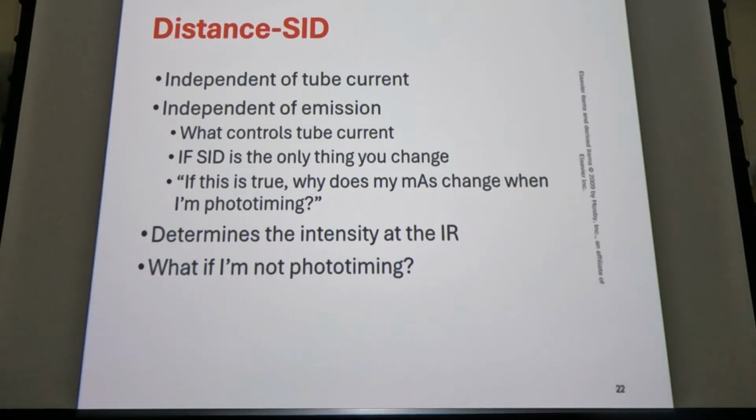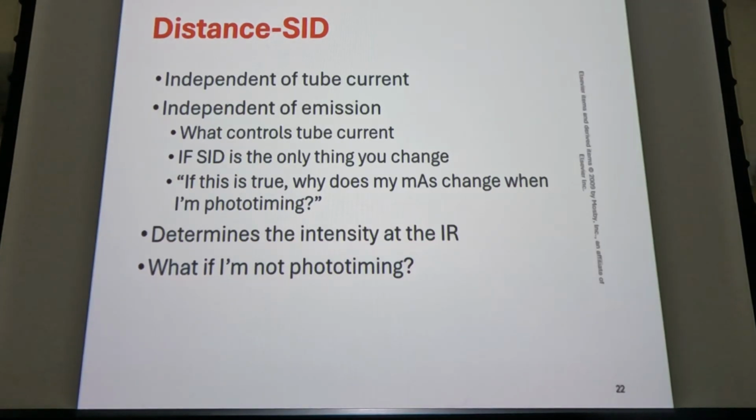Quite possibly. And what's the context of that? If SID changes and that's the only thing that changes, then tube current's going to be unaffected. You change your SID on a portable exam, use the same technique, and nothing different happens in the x-ray tube, okay? Something else has to happen to compensate for that, okay? So we'll get to that here in a second.